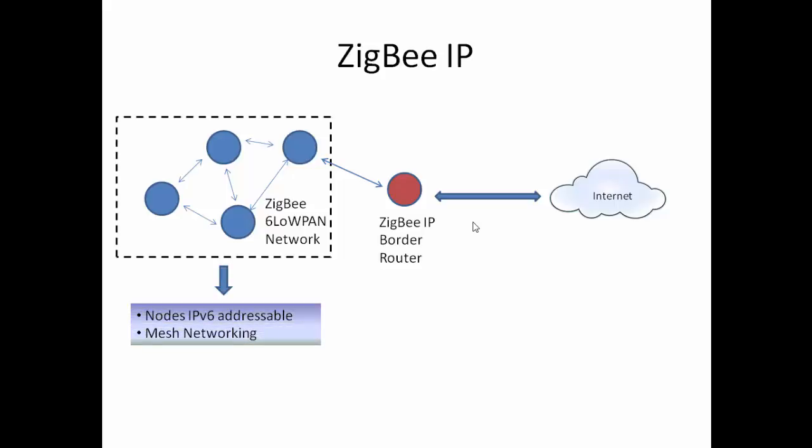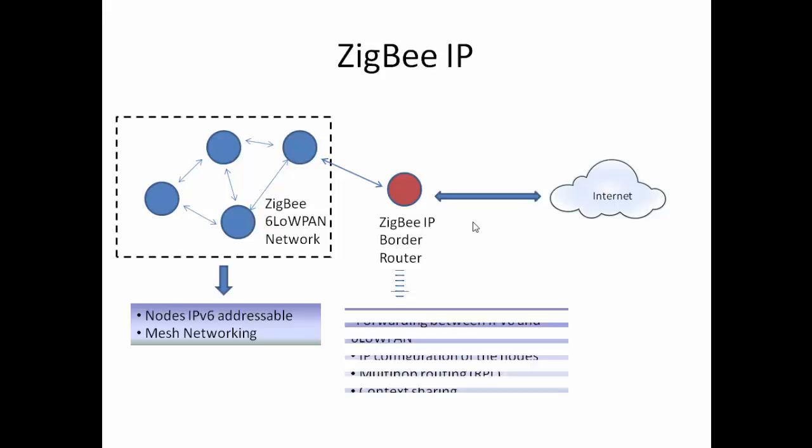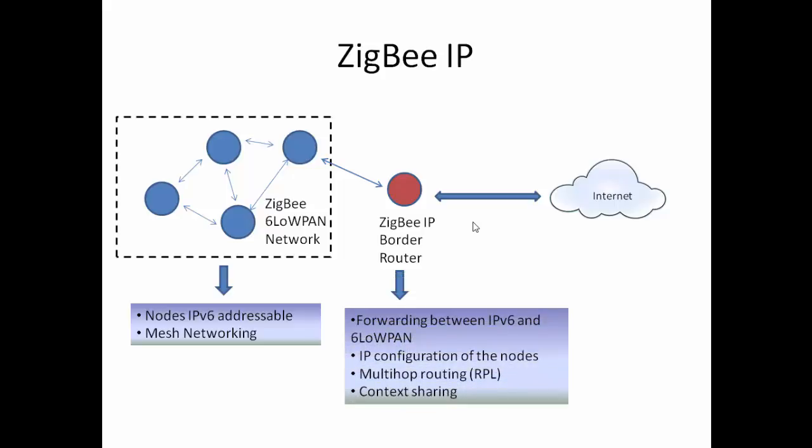The 6-LoWPAN enables mesh networking and the nodes are IPv6 addressable. The functionality of a border router is forwarding between IPv6 and 6-LoWPAN, IP configuration of the nodes, multi-hop routing, that is RPL, which is included in 6-LoWPAN, and context sharing.